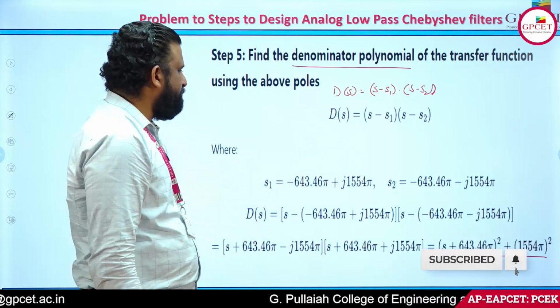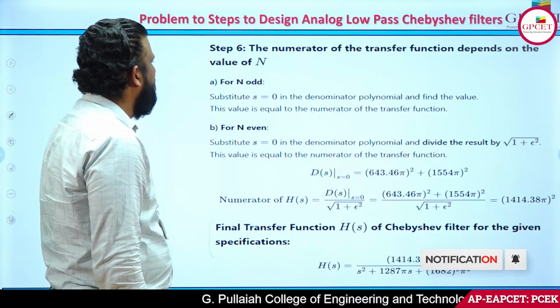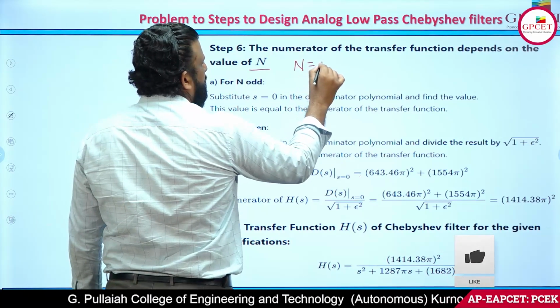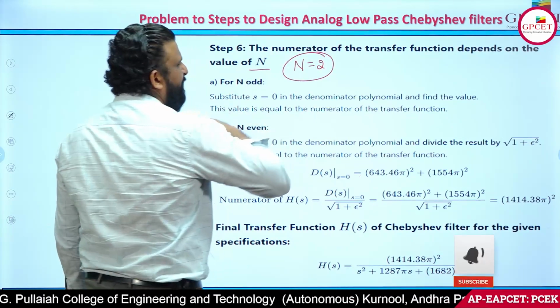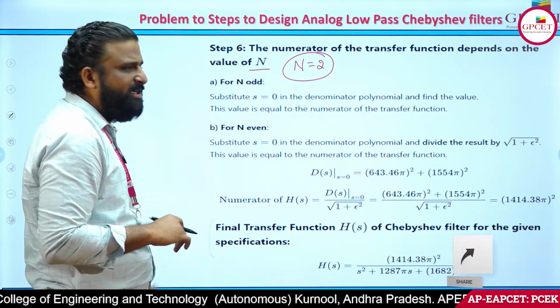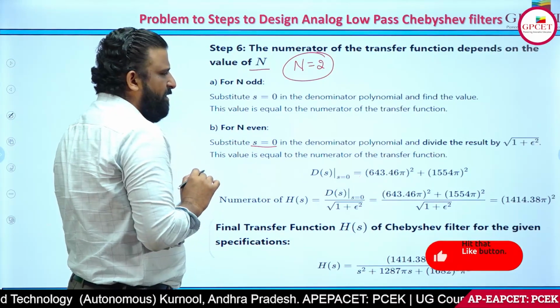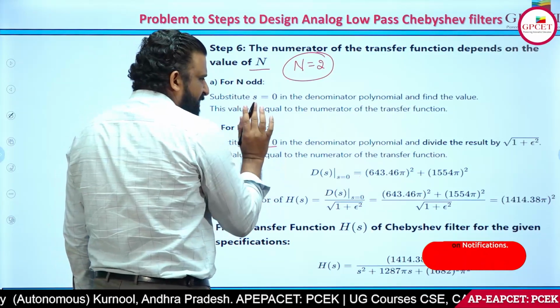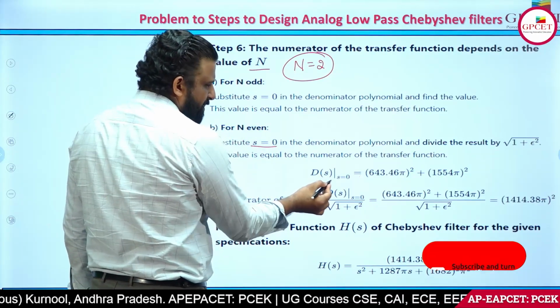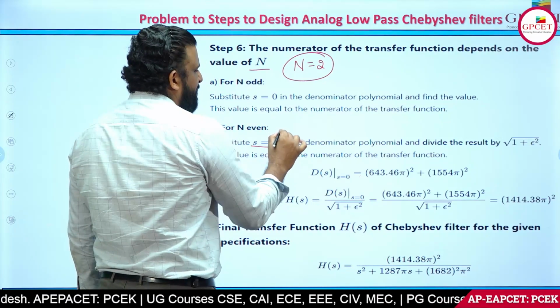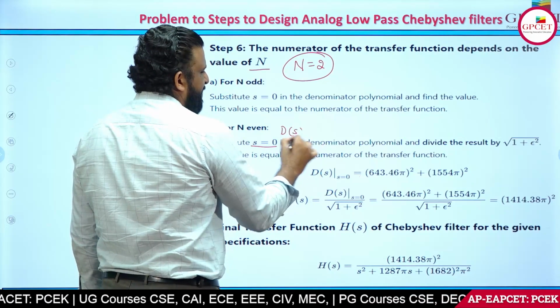Finally, in the sixth step, depending upon the value of n, what is the value I got here? N is equal to 2. So if the value of n is even, what do we need to do? First we have to substitute s is equal to 0, in the equation I got in step 5, D of s.